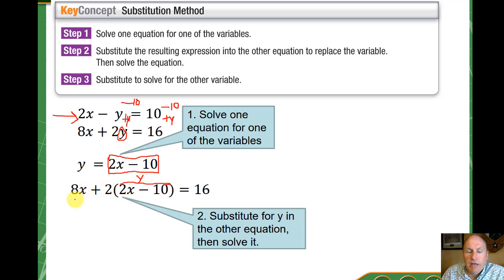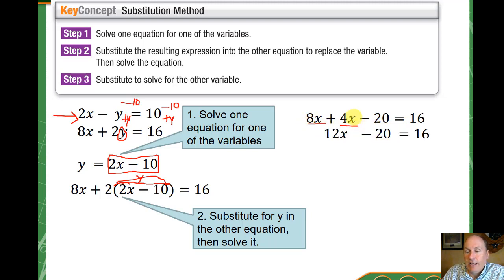And so this equation then becomes 8x plus 2 times the quantity 2x minus 10, which is the same as y, equals 16. So we now need to solve for this because we have one equation and one variable. So we get 8x plus 4x minus 20 once we've distributed that 2, equals 16. We'll combine our like terms of 8x and 4x, and we get 12x minus 20 equals 16.